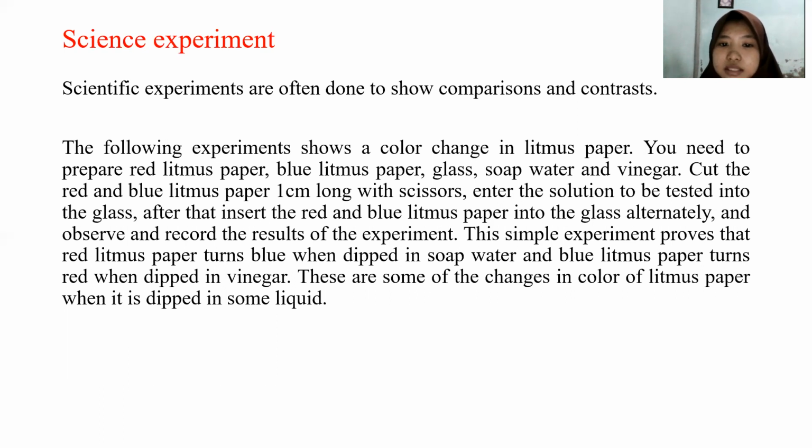After that, insert the red and blue litmus paper into the glass alternately, and observe and record the result of the experiment. The simple experiment proves that red litmus paper turns blue when dipped in soap water, and blue litmus paper turns red when dipped in vinegar. These are some of the changes in color of litmus paper when it is dipped in some liquids.